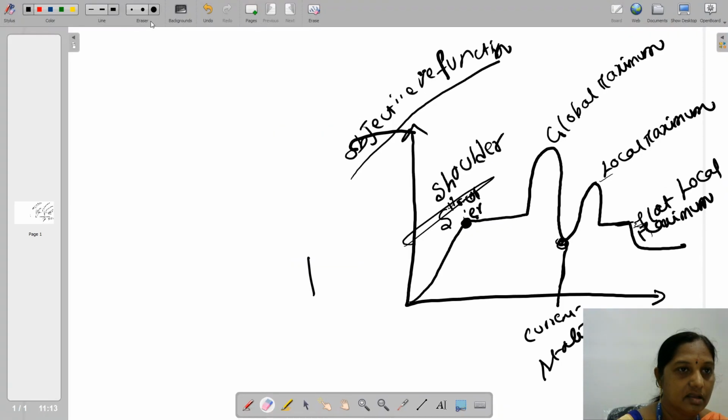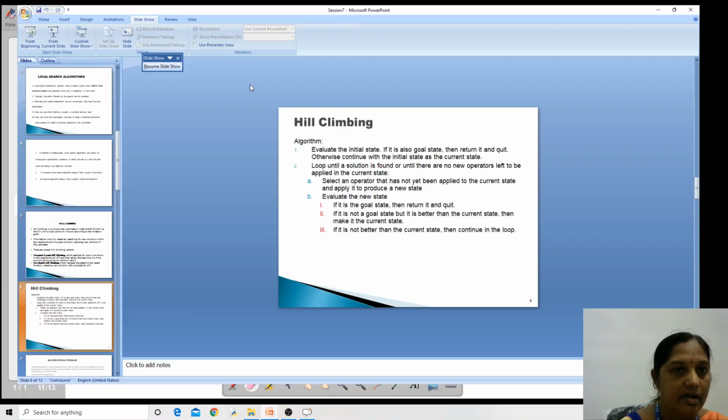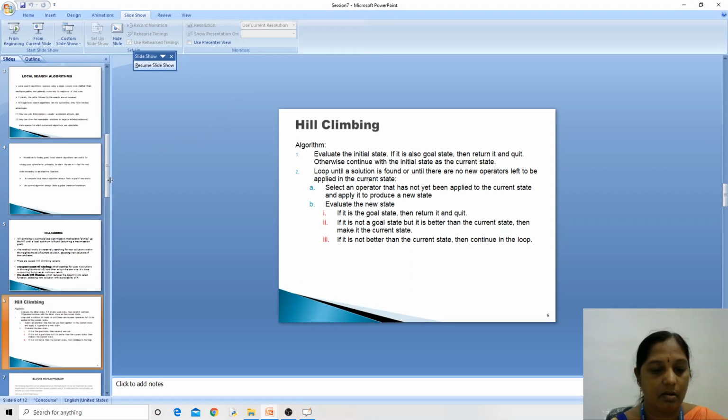But we are not discussing the random restart algorithm here. We are concentrating on simple hill climbing, steepest ascent and stochastic hill climbing. Have you understood steepest ascent hill climbing?